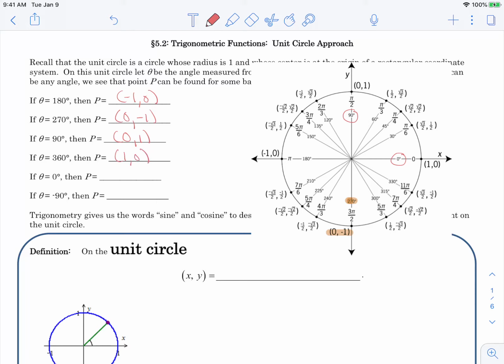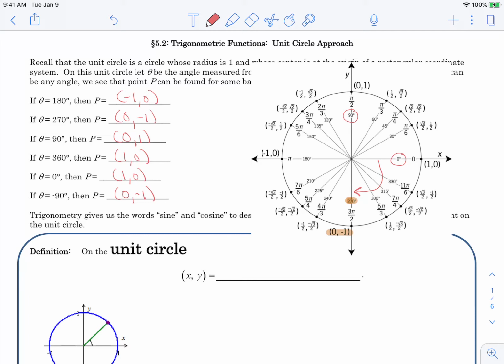The coordinate is (1, 0). Well, 0 degrees is the same value because it's coterminal. -90, remember, we talked about this in the previous lesson. For -90, I go clockwise. I'm going to hit here. It looks like my coordinate is (0, -1).